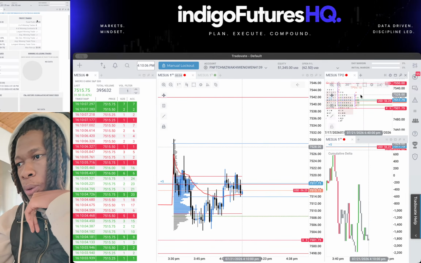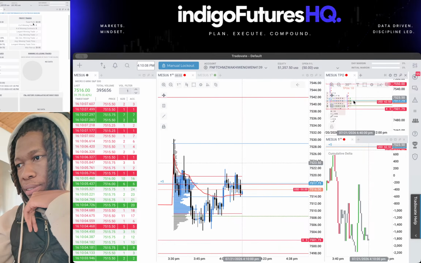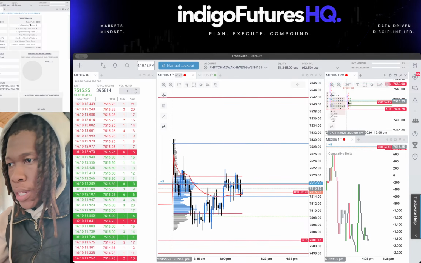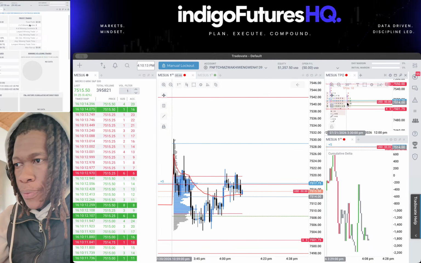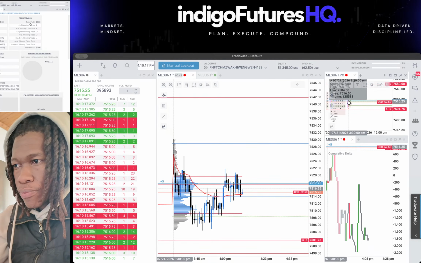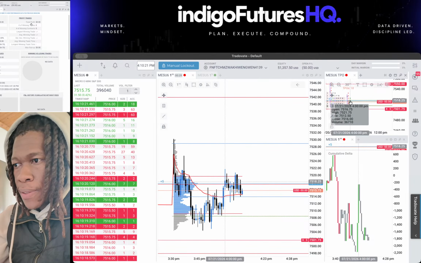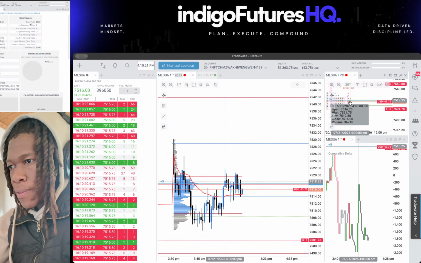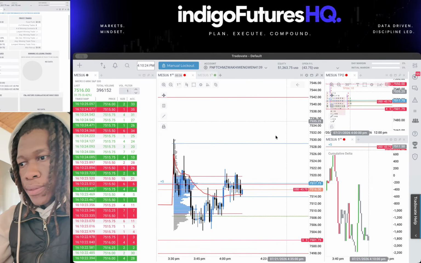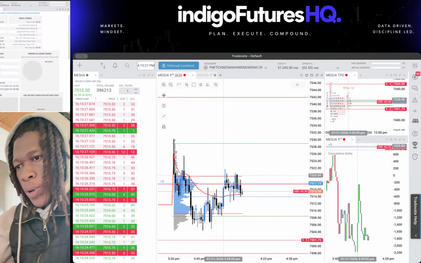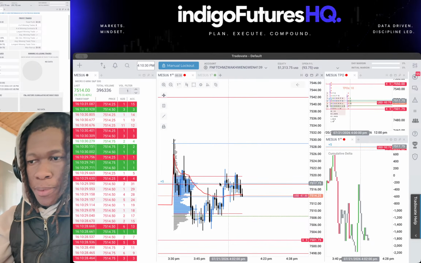Right now, our TPOC is 518, between 516.75 and 521.75. So this is where the most amount of time has been spent in the market.